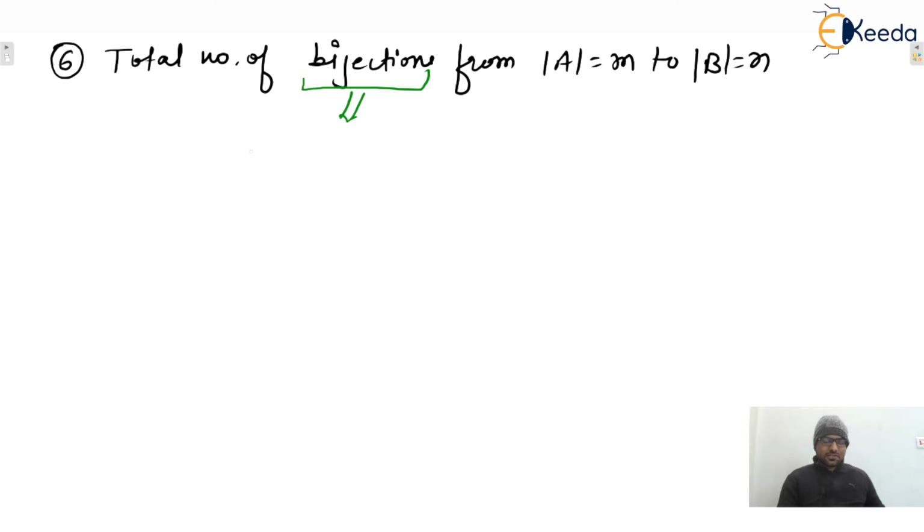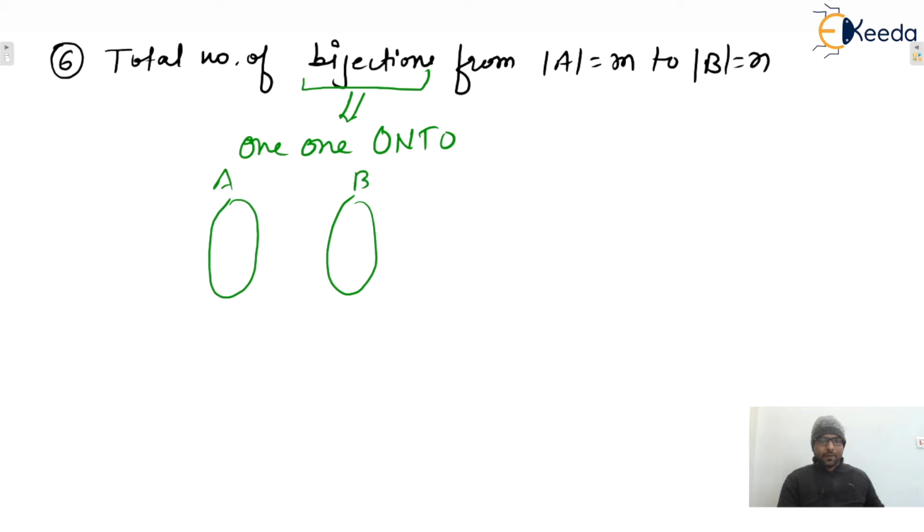One-one as well as onto. Let's say this is set A and next one is set B, and consider set A contains 3 elements and B contains 4 elements. Now if we try to make a one-one function, then it is not onto.